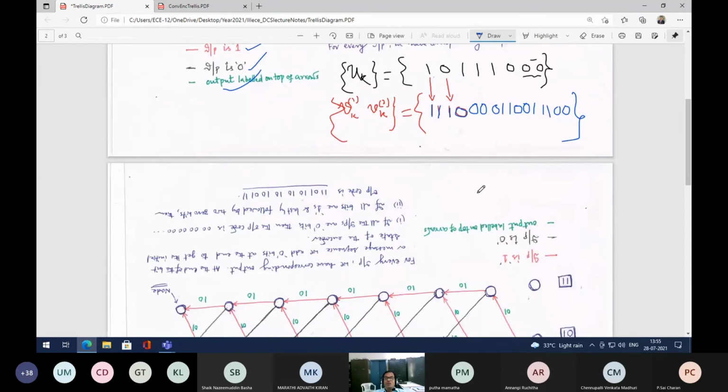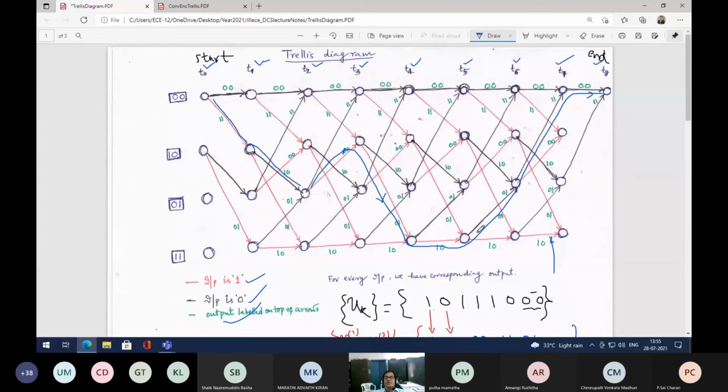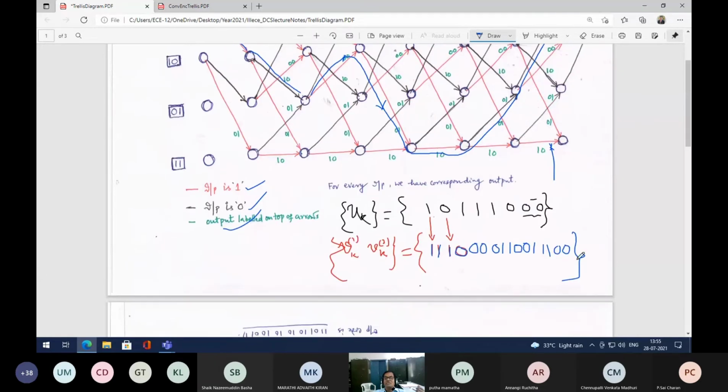Okay. Now let us introduce some errors in the received sequence. Now this is my transmitted signal. If I introduce some errors in this, I'll get the received signal. Correct?